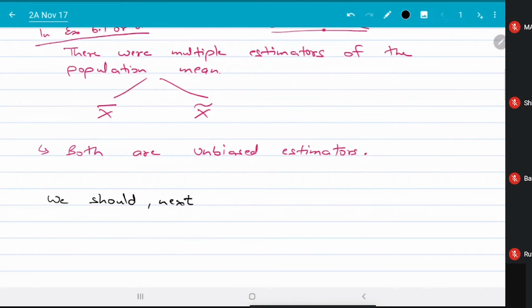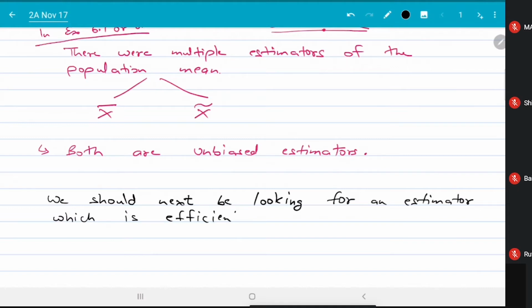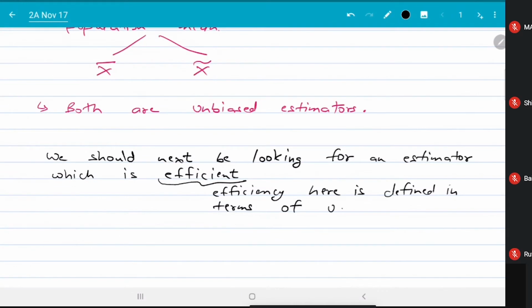You should next be looking for an estimator which is efficient. Efficiency here is defined in terms of variance.